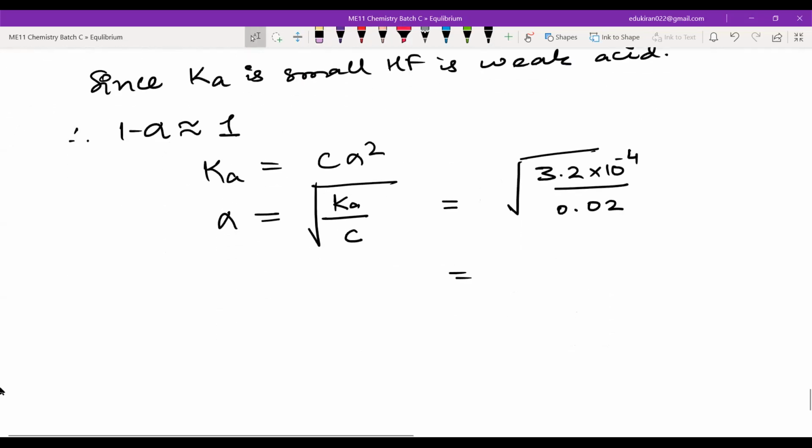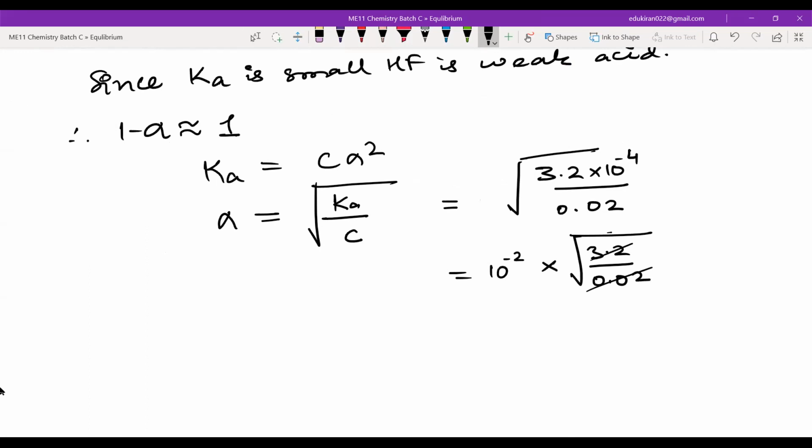So 10 to the power minus 4 can get outside, right? Yes or no? 10 to the power minus 4 under root will be equal to 10 to the power of minus 2. So you have outside 10 to the power minus 2 into under root, you have 3.2 upon 0.02. So you can cancel these two by 2, right?